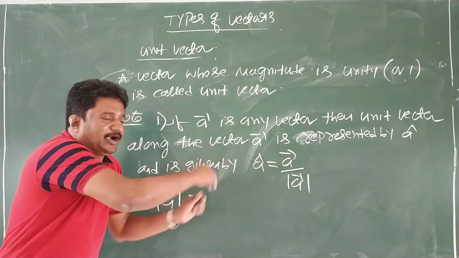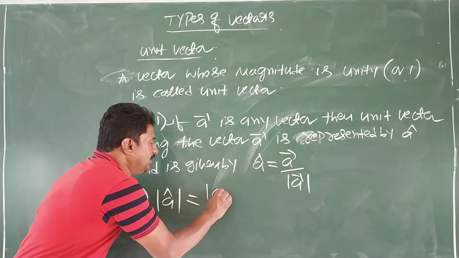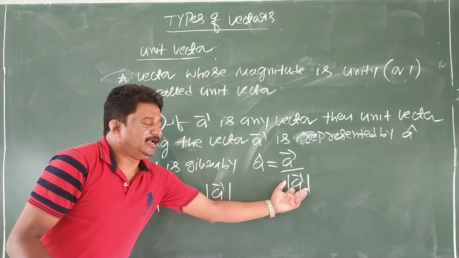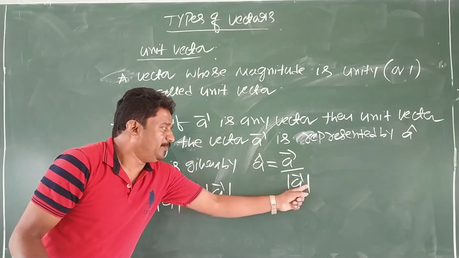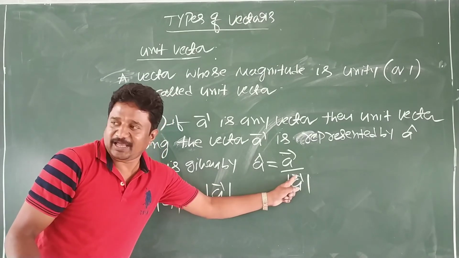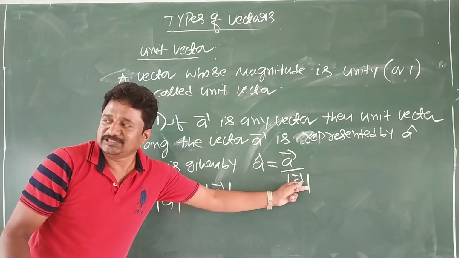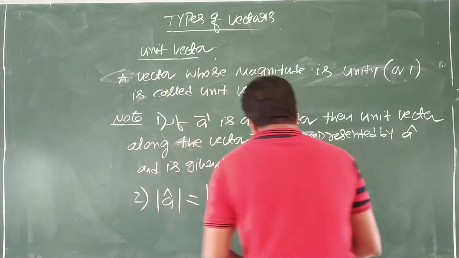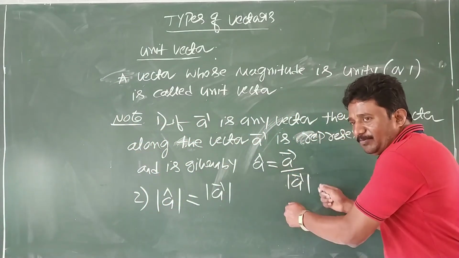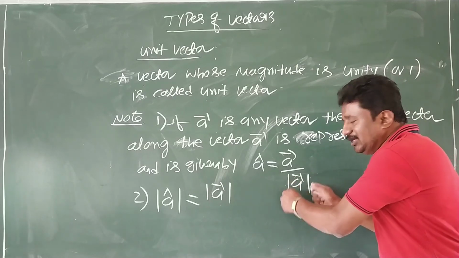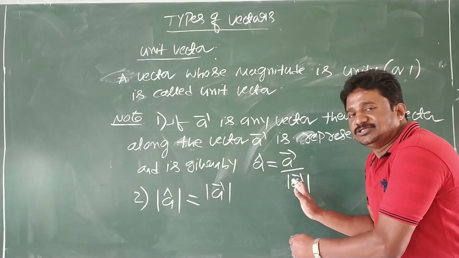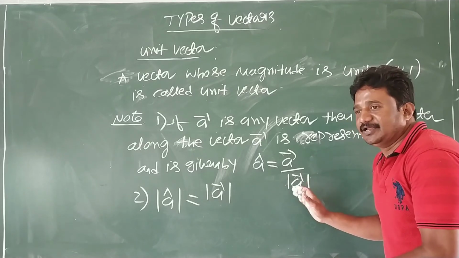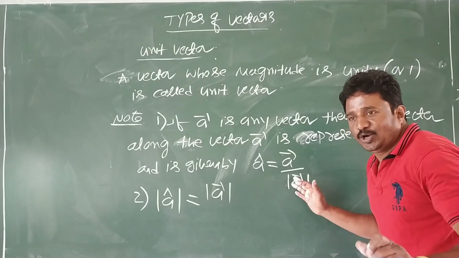I am writing mod on both sides: length of the vector A. Is finding length of length two times required? No. What is the meaning of mod vector A? It means the length of the vector A. Is it required to write one more mod? No. A single mod means the length of the vector. Even if I write double mod, it is also the length of the vector. Length of length is not required.